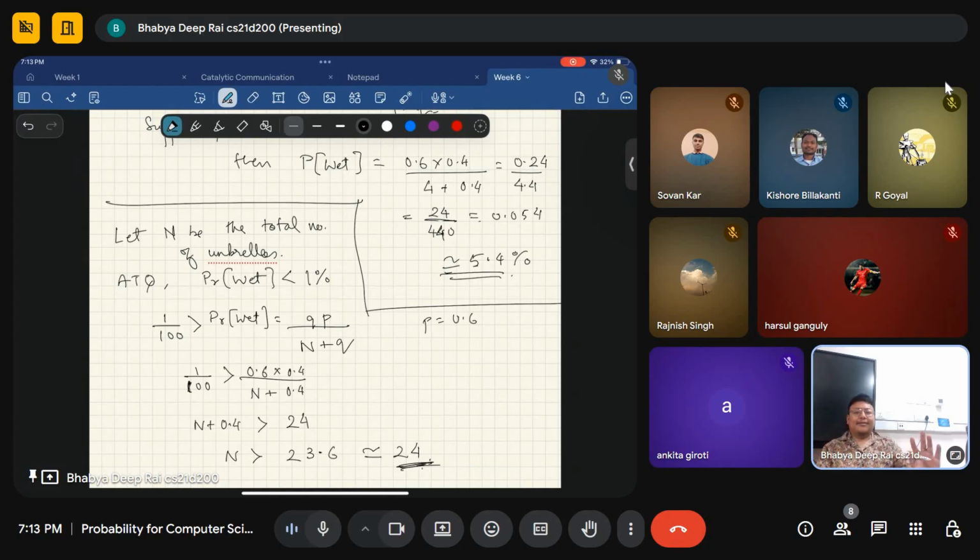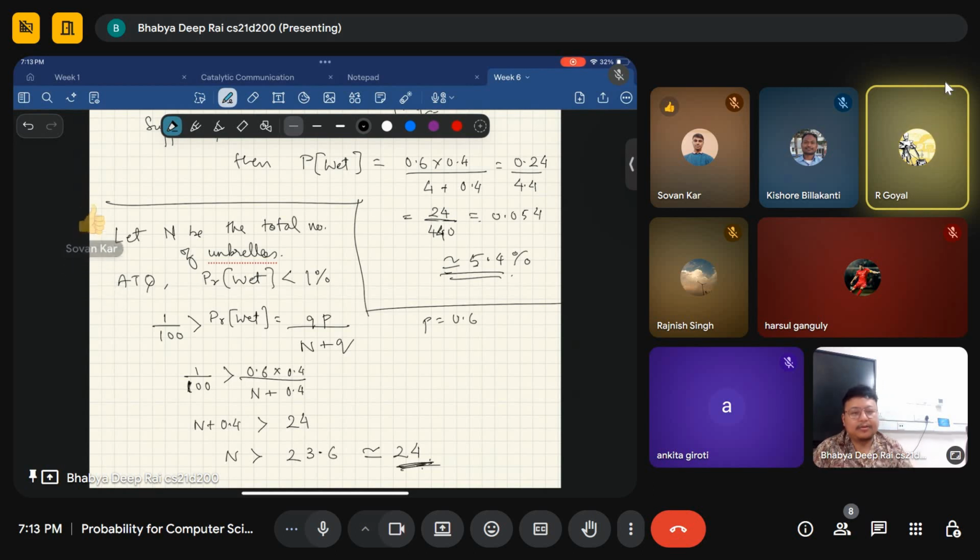Okay, is this clear? Kishore, Goel? Yes, this is clear to me. Okay, great. I would be requiring a pretty large number of umbrellas to make this probability zero.